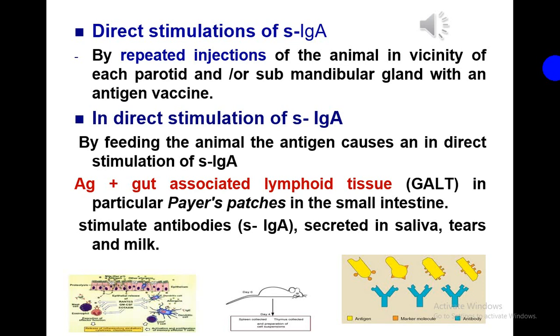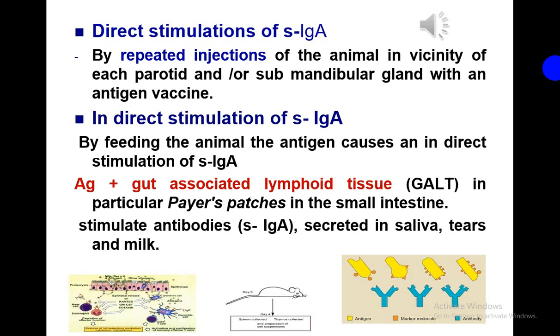There are two methods of stimulation of secretory immunoglobulin A. The first one is called the direct stimulation method, and this is by injection of the animal with antigen in the vicinity of the parotid and submandibular glands.